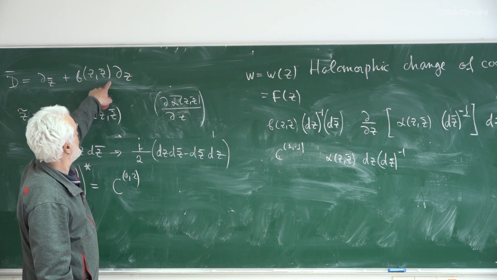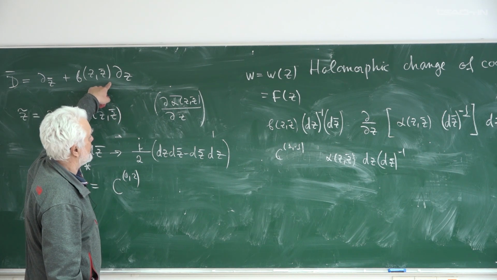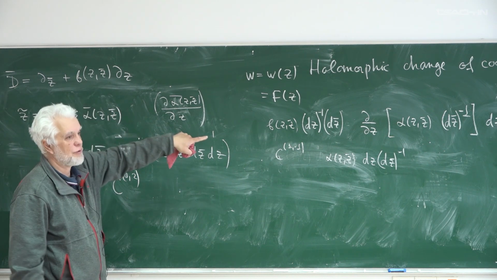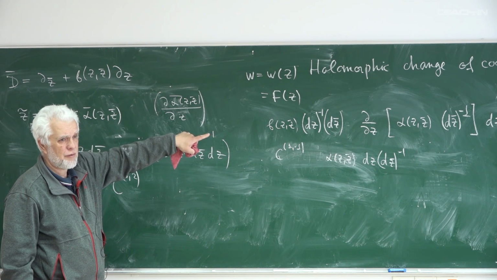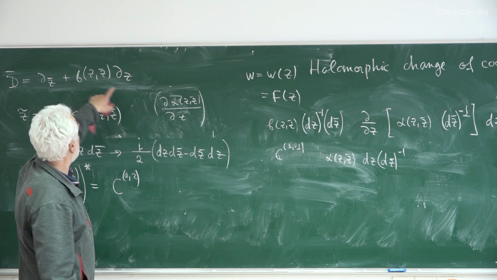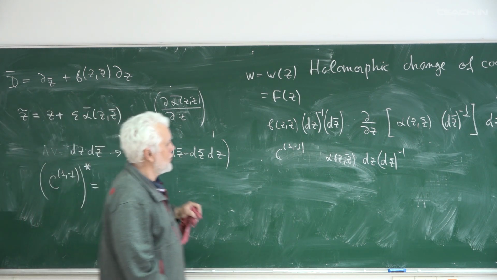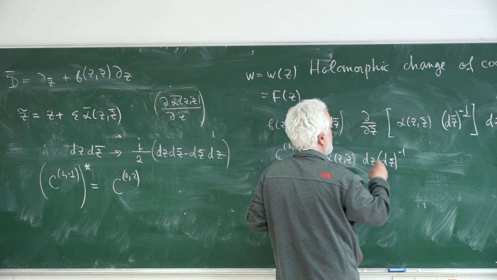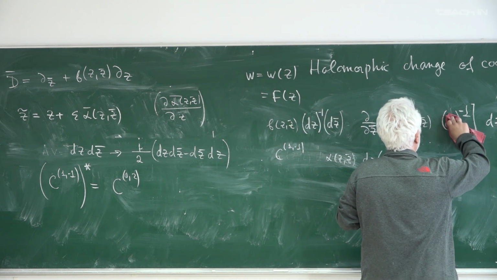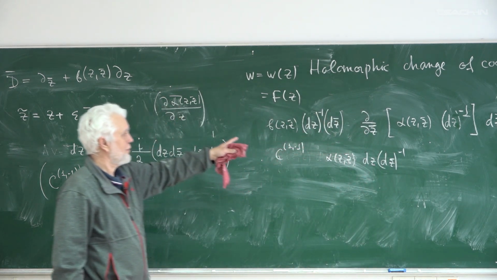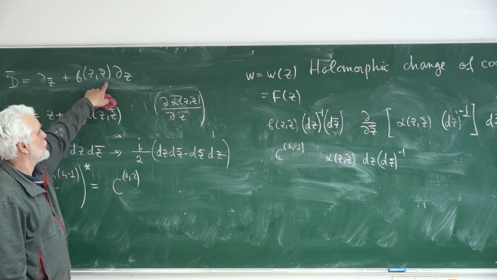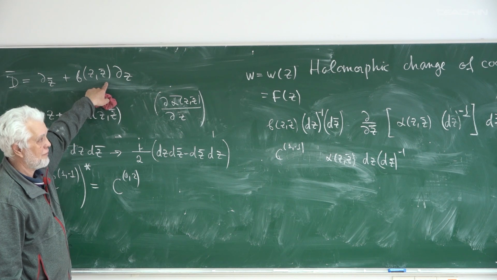If you make this deformation, now it will be this object. I transformed the wrong operator. We will deform this operator. It will be dz bar. I made a small mistake.